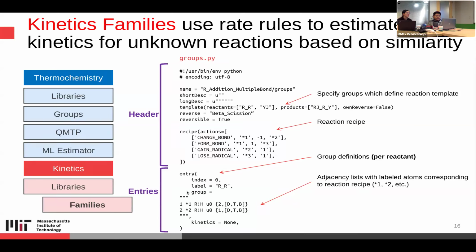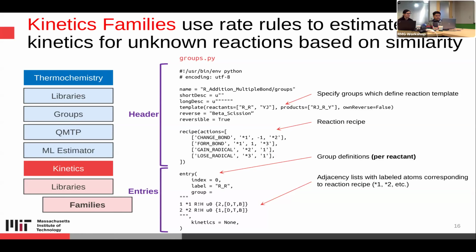You'll see that in the entries, the important atoms corresponding to those recipe actions are labeled. For example, you have a star one and a star two corresponding to change bond. In this first entry here, you can see the star one and star two correspond to which of those groups are having their species or atoms modified.